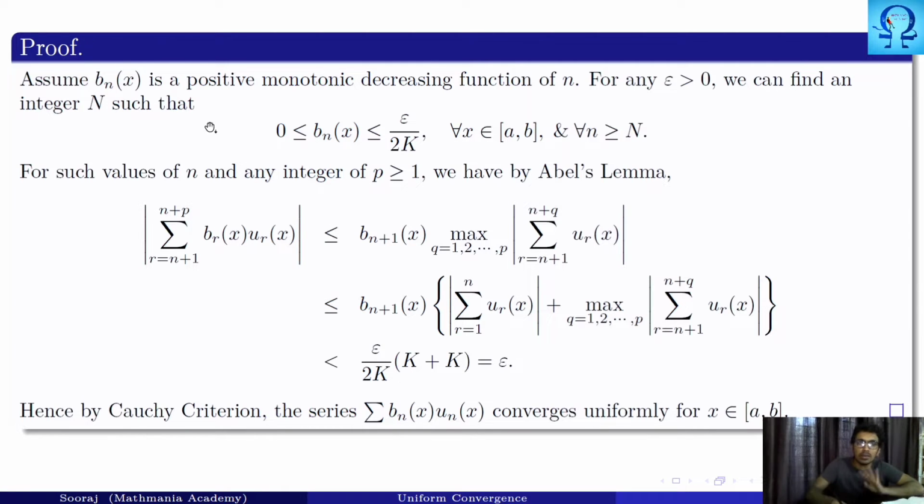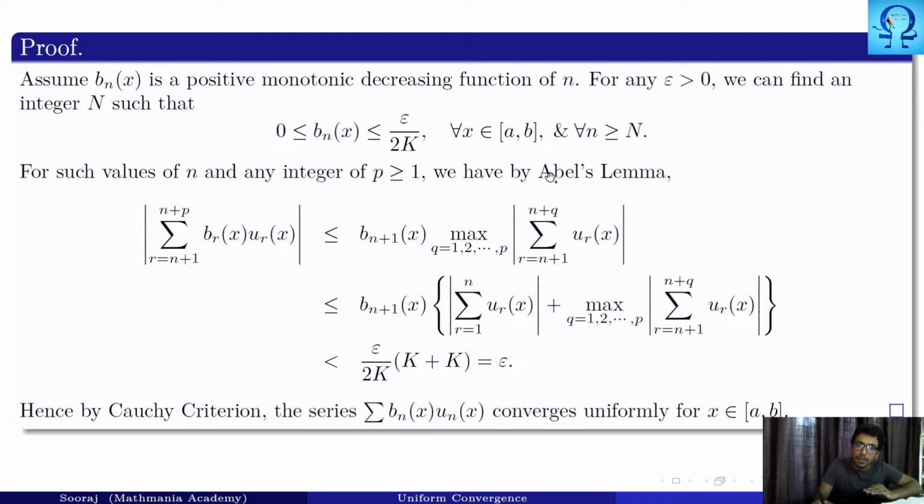If it is monotonically decreasing and converging to 0 as well, we would be able to identify epsilon such that this happens. Here it is a positive monotone decreasing function, that is why 0 is smaller than or equal to Bn of x, which is smaller than or equal to epsilon. For our convenience, we have taken it to be epsilon upon 2k.